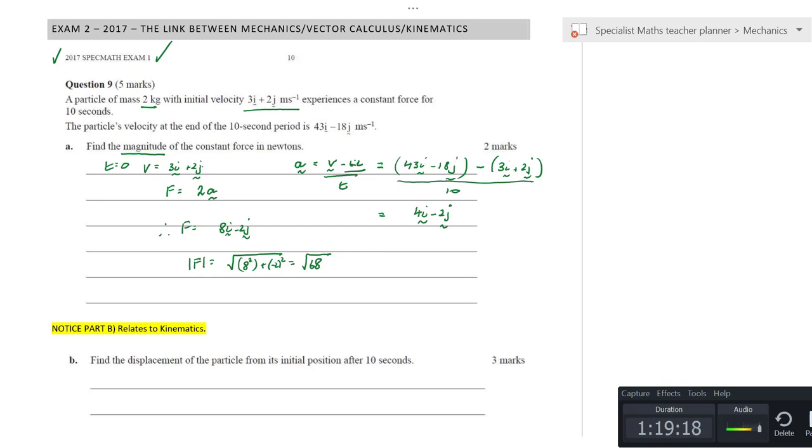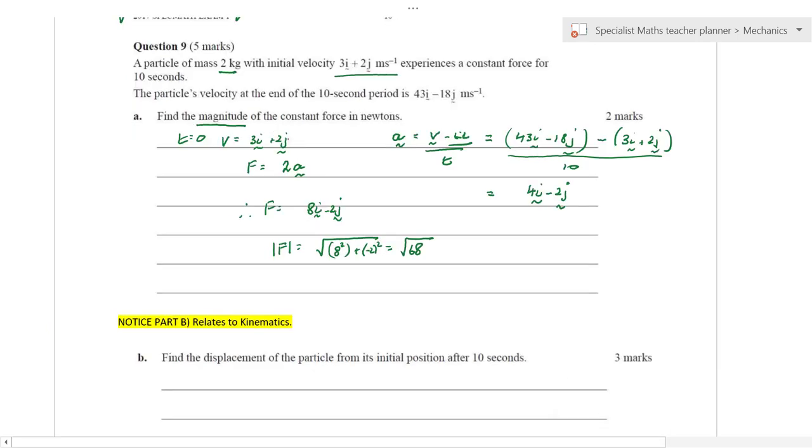I was looking at this and I'm thinking, can you notice the mistake I made? Because we're all going to make them. And by the way, 5 marks in question 9. It's easy to make a mistake. Force is equal to 2 times 4, which is 8i, but these calculation errors are going to cost you.